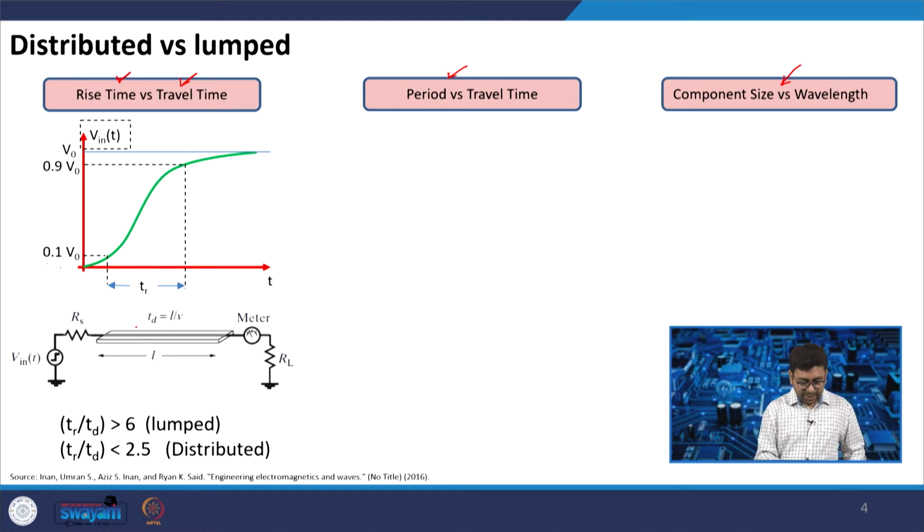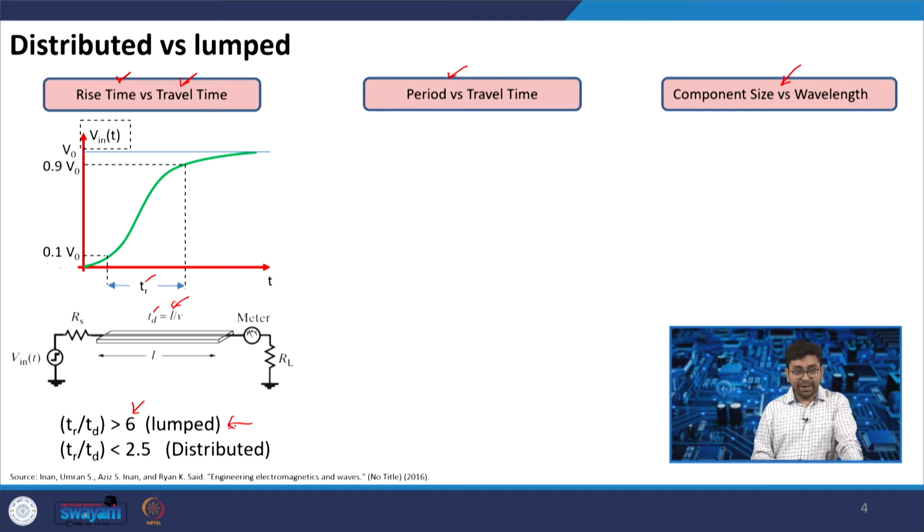So, if you know the rise time TR and you know the TD based on your length, then this is a design guideline, or let us say, based on experiment, it has been considered that if TR by TD is greater than 6, then you can consider it as lumped.